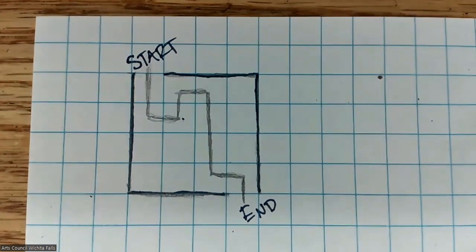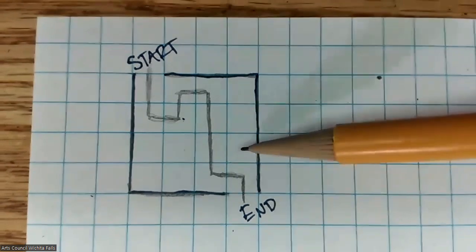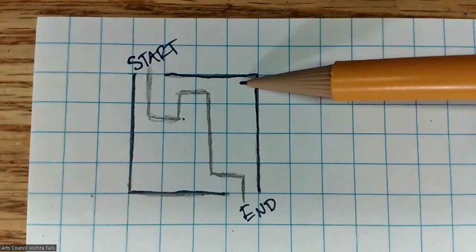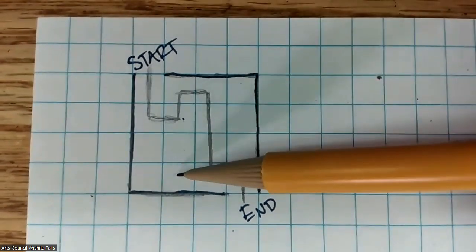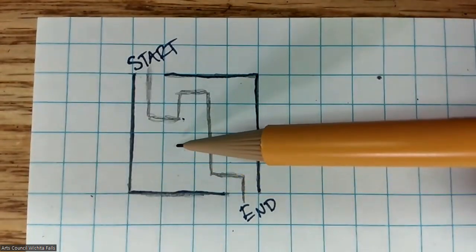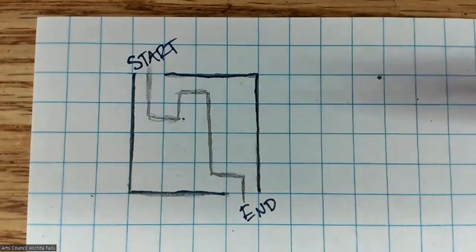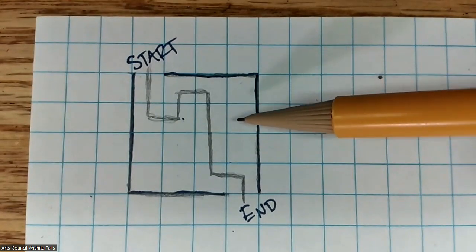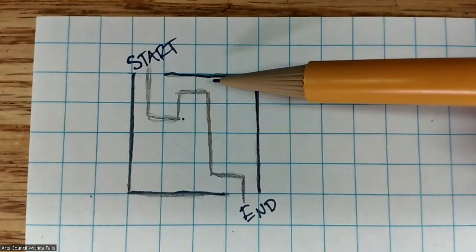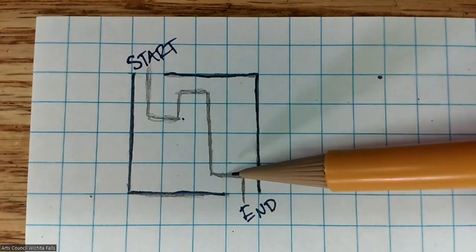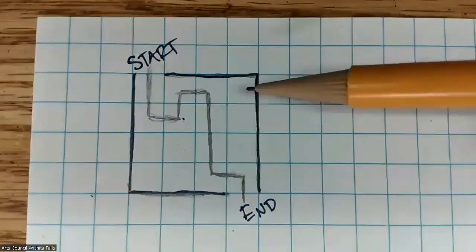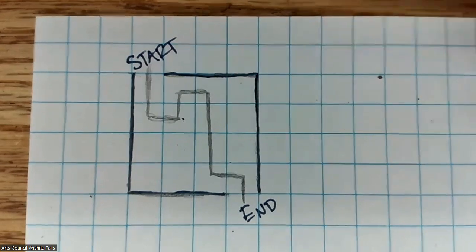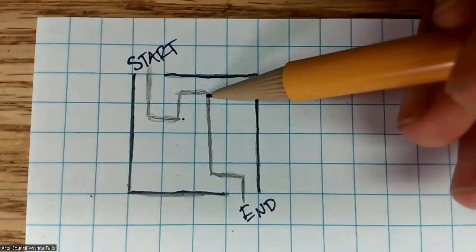Once we have our solution line, we need to create some dead ends or traps. We do that by looking at all of these empty squares. We need to fill them with different paths that we can take that don't end up going anywhere. I'm going to look at these three on the right here. Depending on the type of solution line you drew and the path it took, your empty boxes may be in different places, but the principle is still the same. We're going to start by branching off of an existing line.